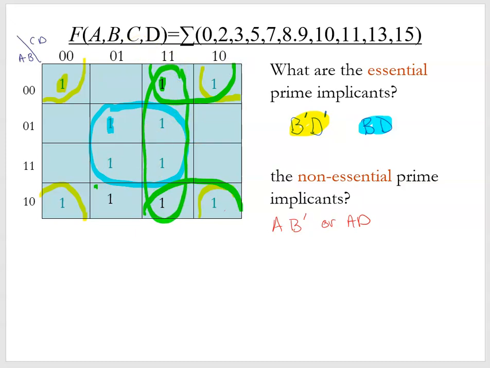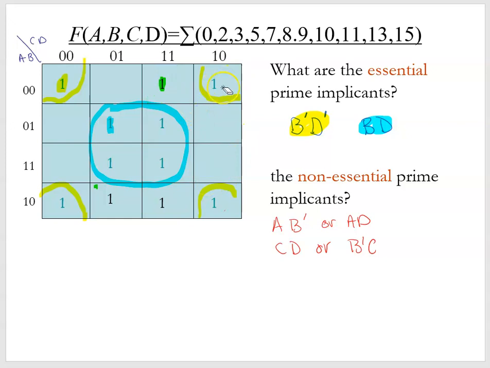So we have this column is CD, or we have B prime C. B prime C. That's these 4 there. So let's erase these for a moment and see if we have any other non-essential prime implicants. Like we got all of them, so we could solve this function then in a few different ways.